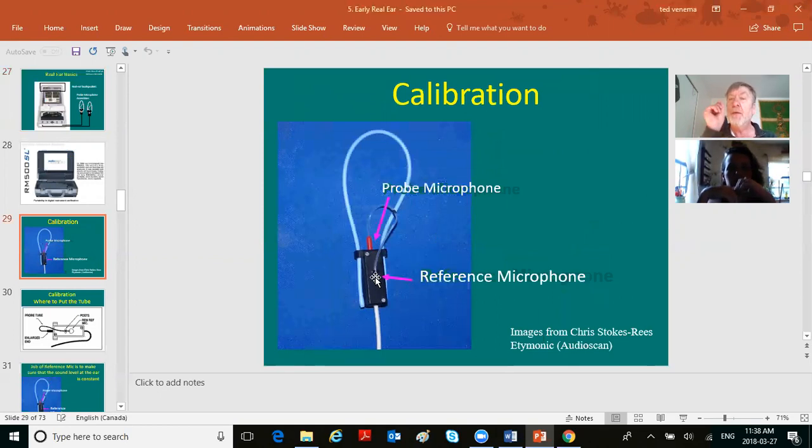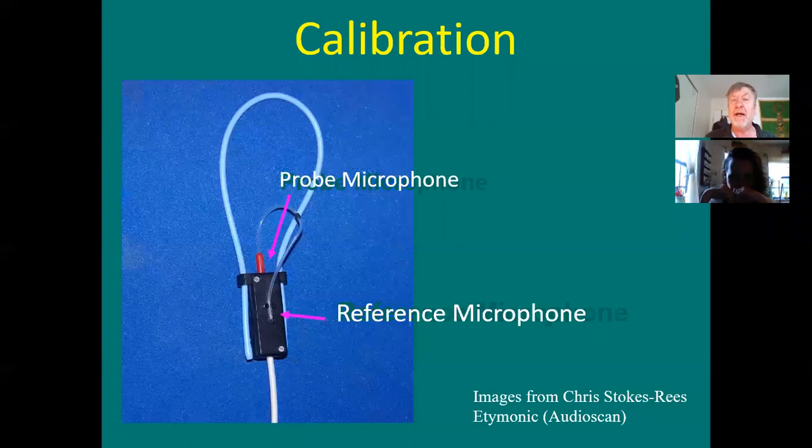The probe mic is under this red rubber thing, right under here. And the probe mic is measuring what's happening at the drum. But if you've got a tube that's about 3 inches long, that tube is going to have some effect.